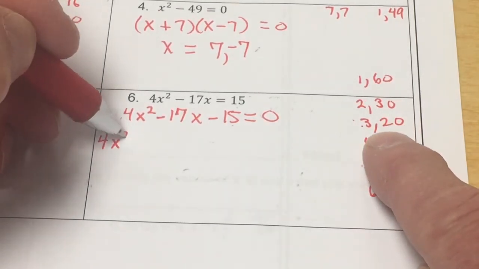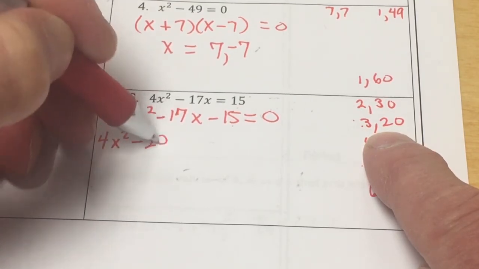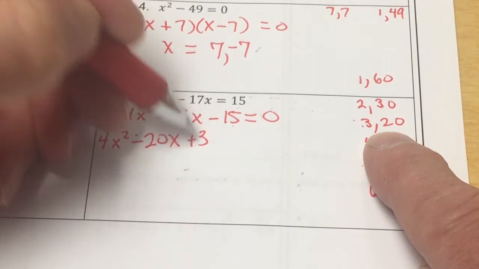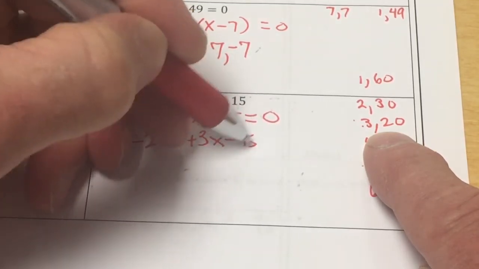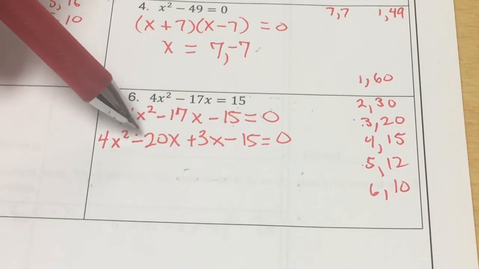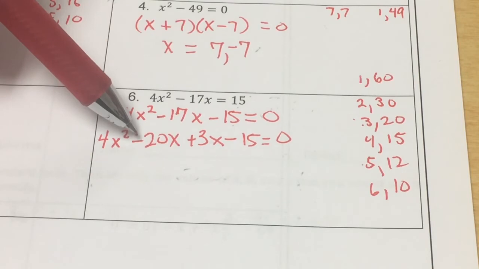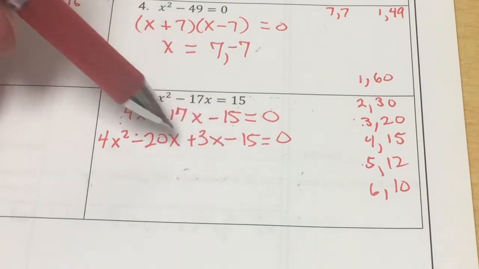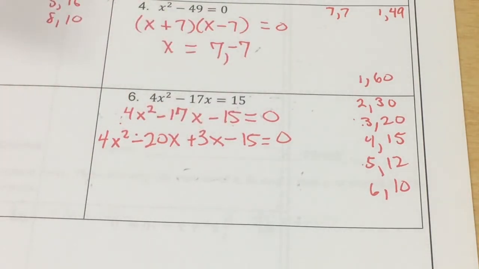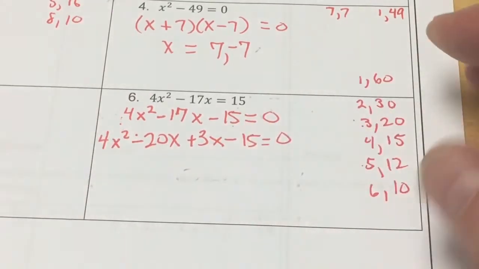Using the 3 and 20, 4x squared minus 20x plus 3x minus 15 equals 0. So you can see what I've done is change negative 17x into minus 20x and plus 3x. So these two terms together make our negative 17x.